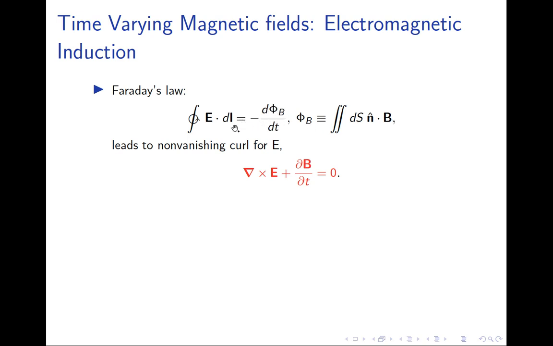Okay, so the line integral of E dot dl equals minus d phi B dt, where phi B is this quantity. So d phi B dt is d dt of this integral. But you can take the d dt inside, and as I said, whenever you take a total time derivative inside a spatial integral, you have to convert that into a partial derivative, right?